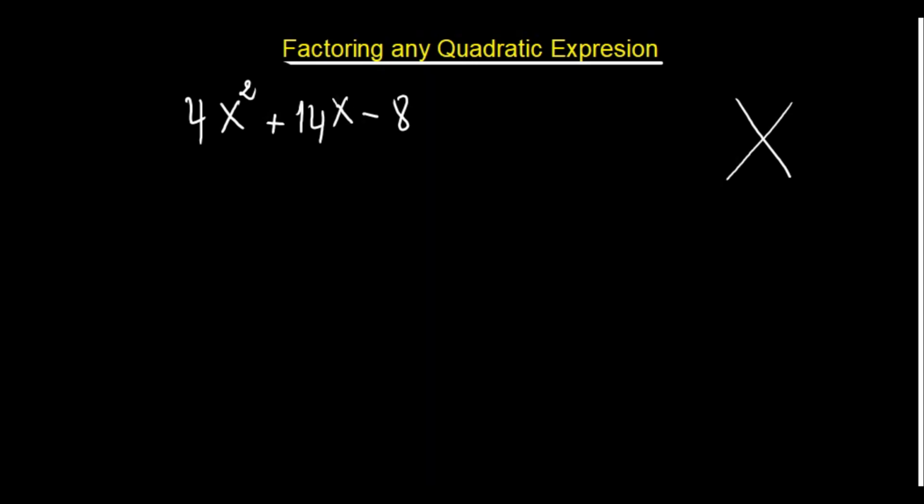Now at the top of your X, you're going to put the number you get from multiplying your first coefficient 4 by your last constant negative 8, which is negative 32. In the bottom, you're going to put your middle number, 14.